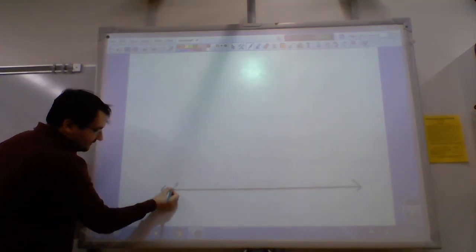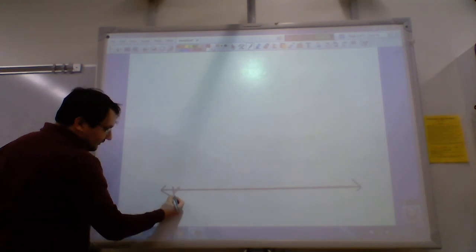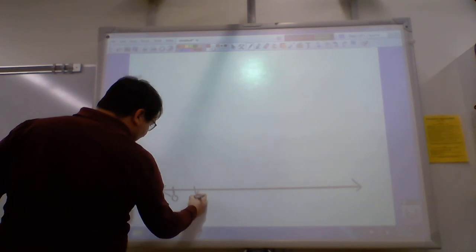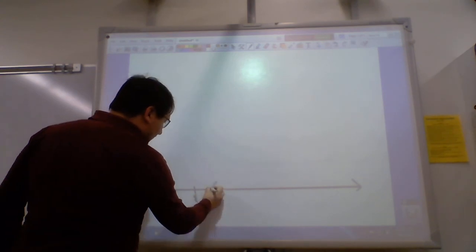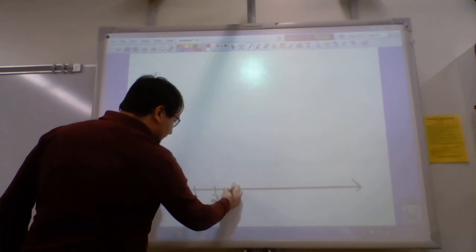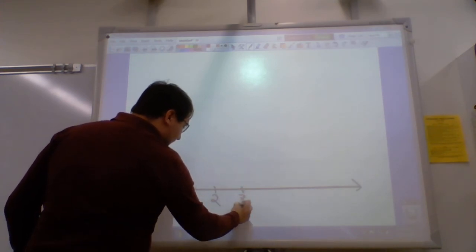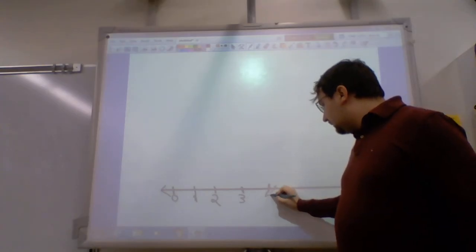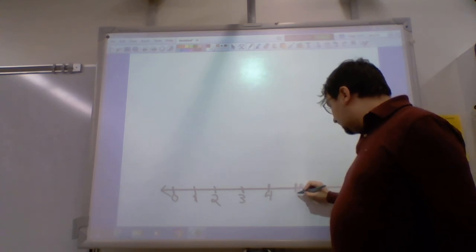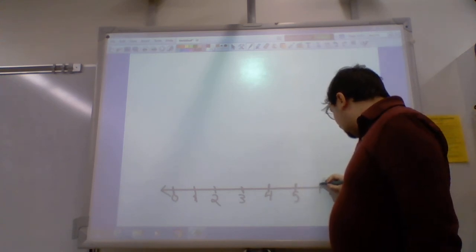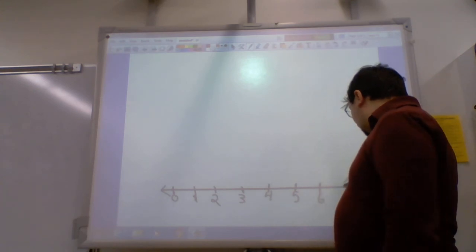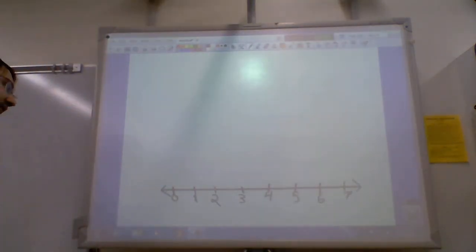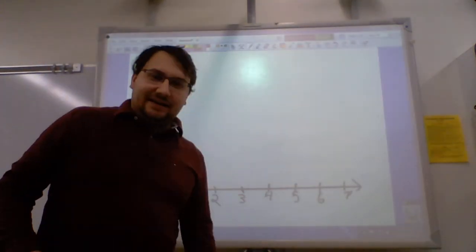And we have notches to tell us where our numbers go. 1, 2, 3, 4, 5, 6. We'll go up to 7 on this number line. So as you can see, we have our number line right here. It goes from 0 to 7.